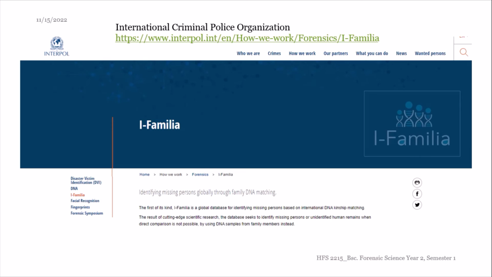We have another international database called I-Familia, from the International Criminal Police Organization, that usually identifies missing persons globally through family DNA matching. This is a global database that identifies missing persons based on international DNA kinship matching.